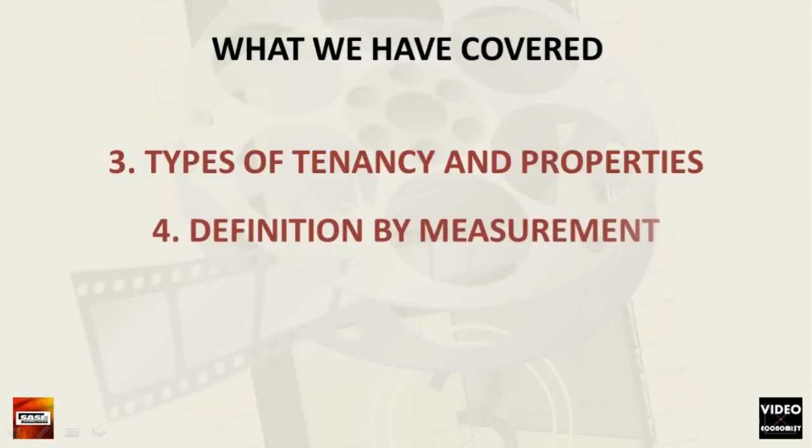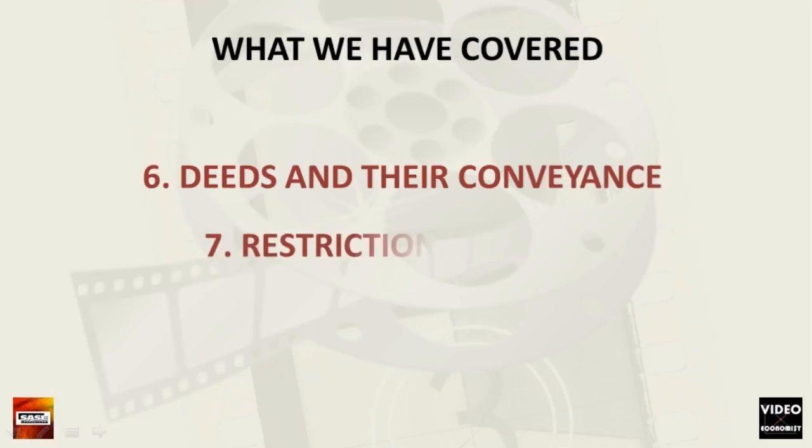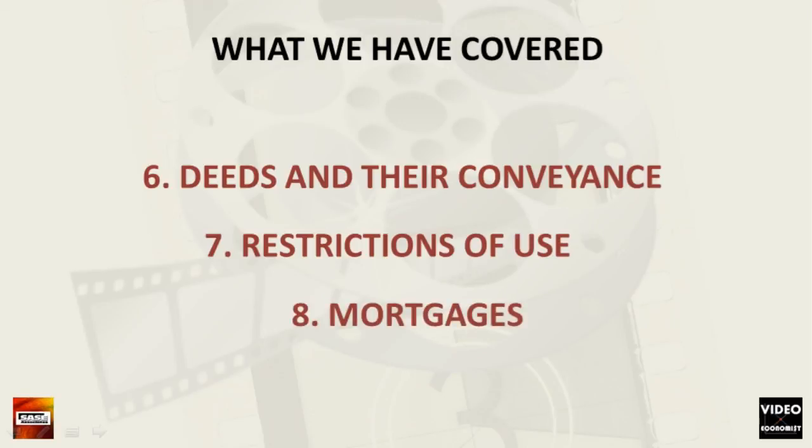We defined and measured property in terms of the unit of a township, discussed possession of property by different means, looked at deeds and their conveyance from giver to receiver. We discussed the restrictions of use of property. And finally, we addressed the mortgages and the role that mortgages play in the wider financial market.